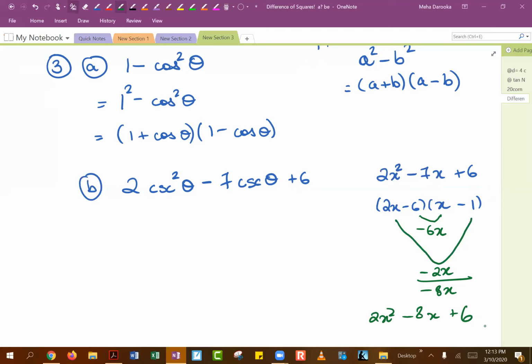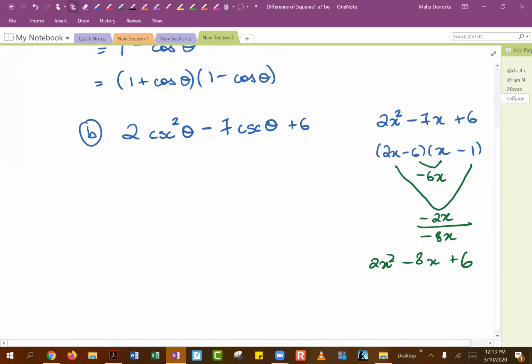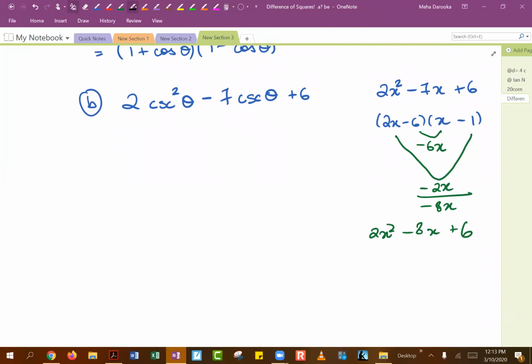No? Okay. So we still know 2x times x is going to give us 2x squared. So that part I probably would not change. Probably still leave it as 2x and x, but I'd make a change on those last terms. Yeah, so let's try with 3 and 2, because they also give us 6. Now again, what signs would we want both of them to have? They still need to be negative. Very good. So now, again, a quick check.